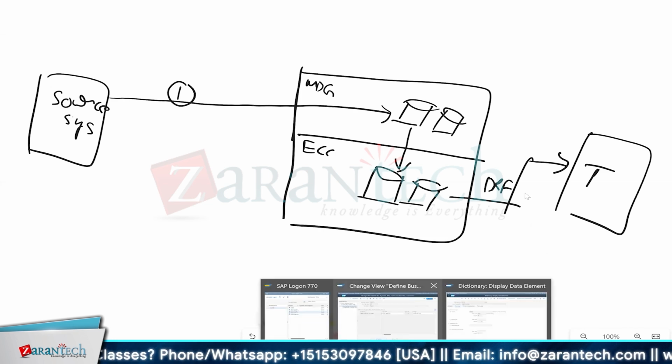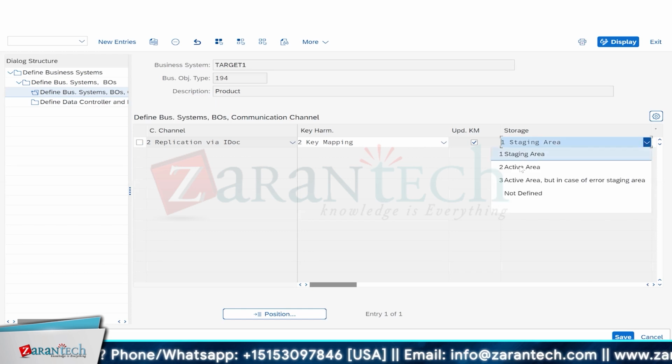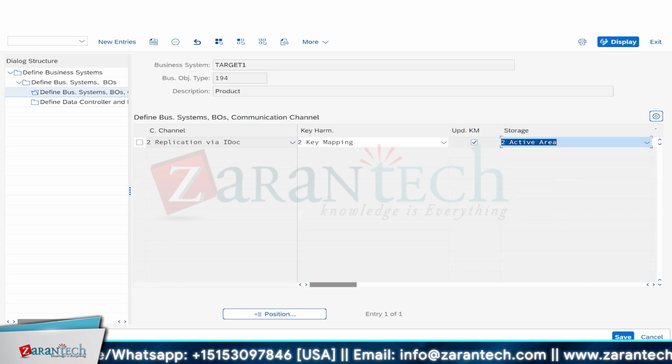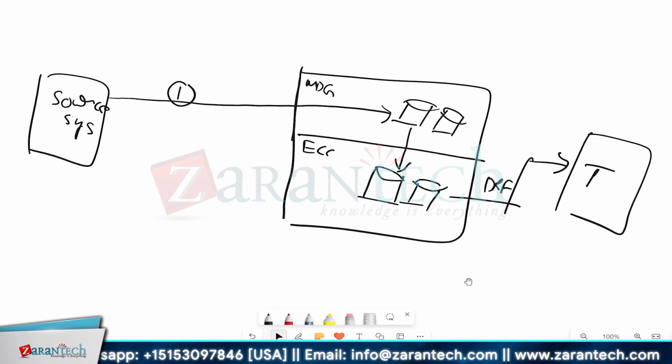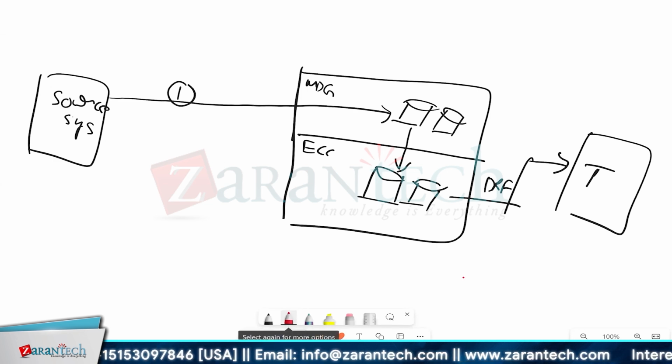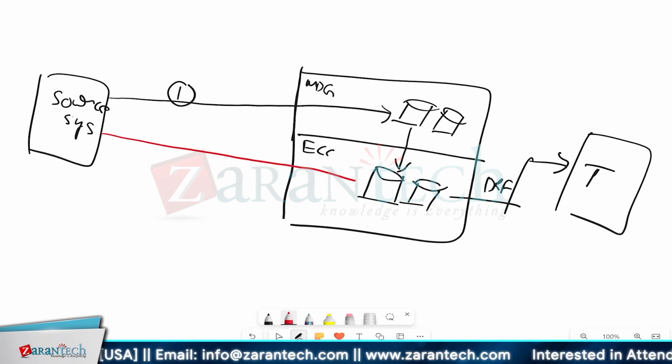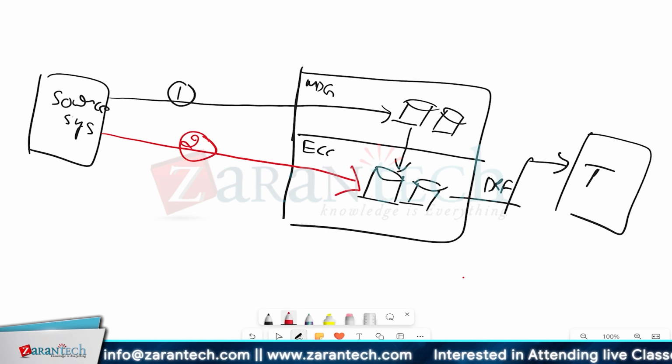Now, I'll choose the other option, 2. 2 means without governance, exactly. That means whatever data is coming from the source system, there is no governance.